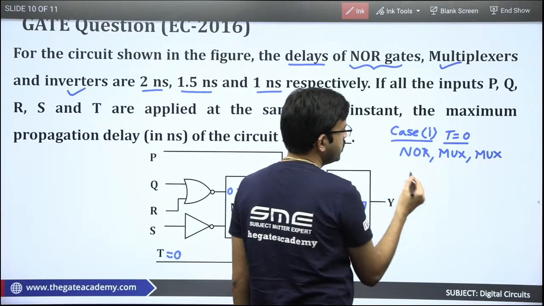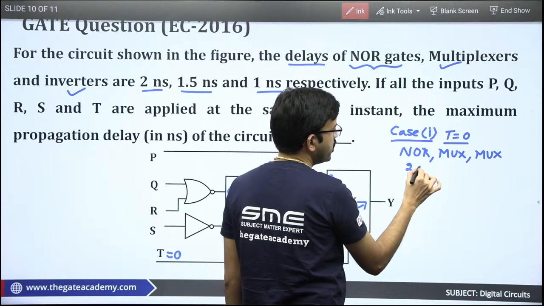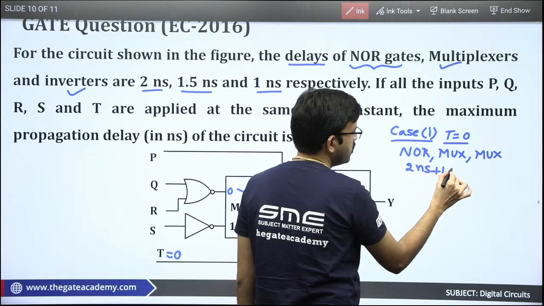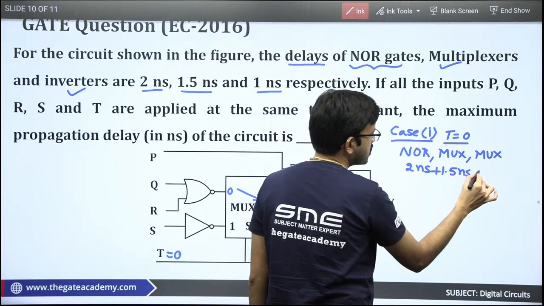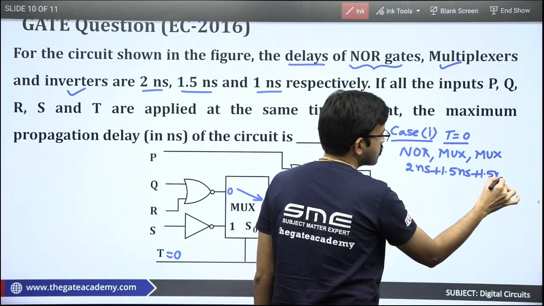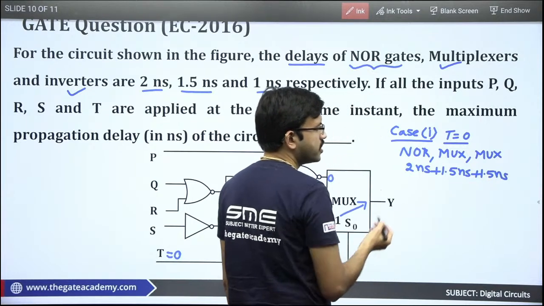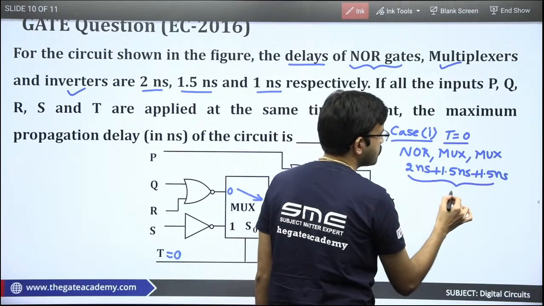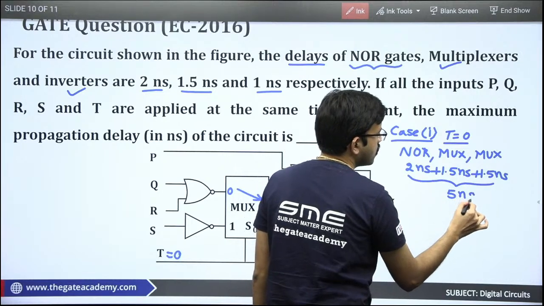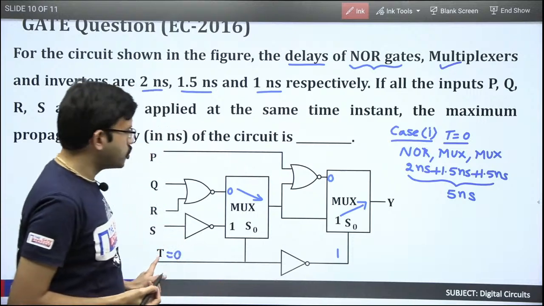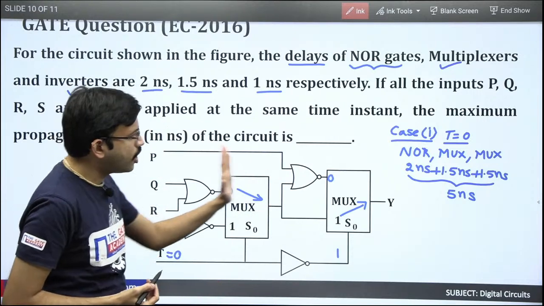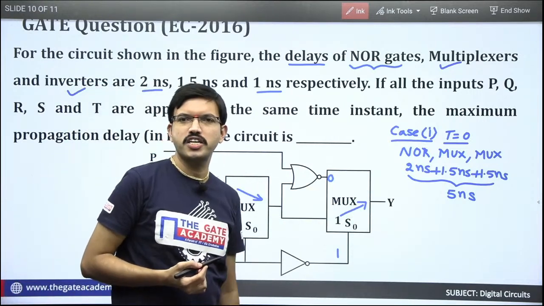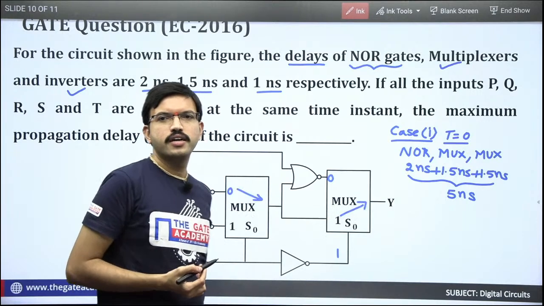NOR gate delay they have given as 2 nanosecond, mux delay 1.5, once again mux delay 1.5. So 1.5 plus 1.5 is 3, plus 2, that is 5 nanoseconds. When you consider t value as 0, the propagation delay from input to output is 5 nanosecond.